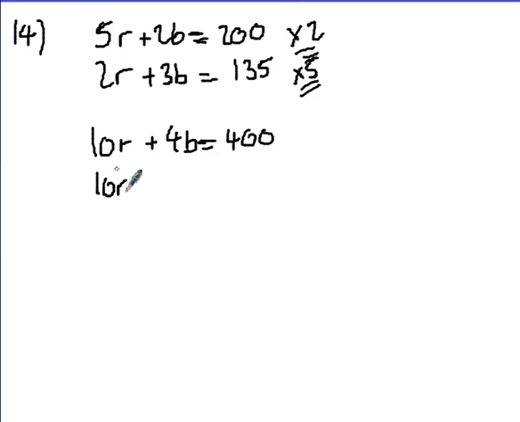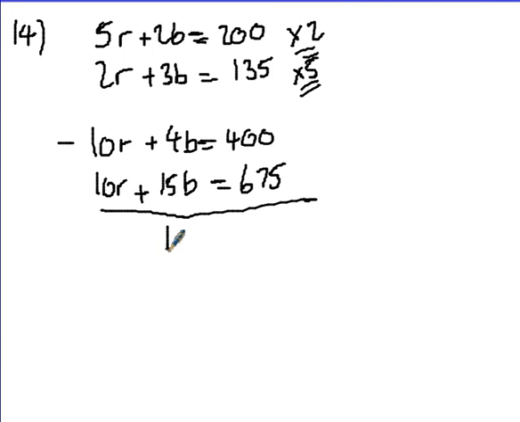Now we've made them the same, and then we take one away from the other. That gives 11B, and that gives 275. So B is 275 divided by 11, which is 25 pence.